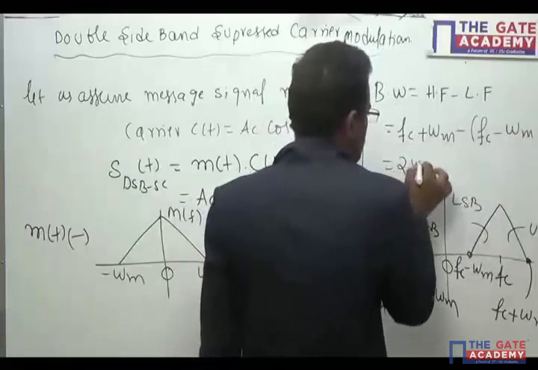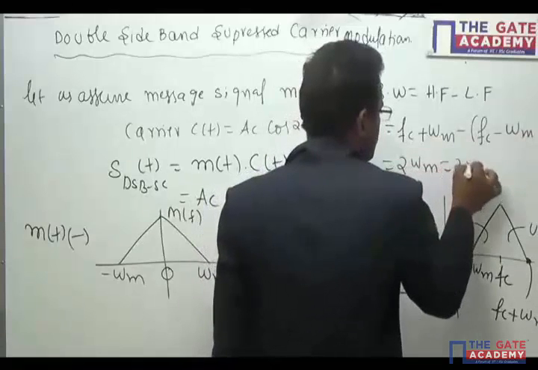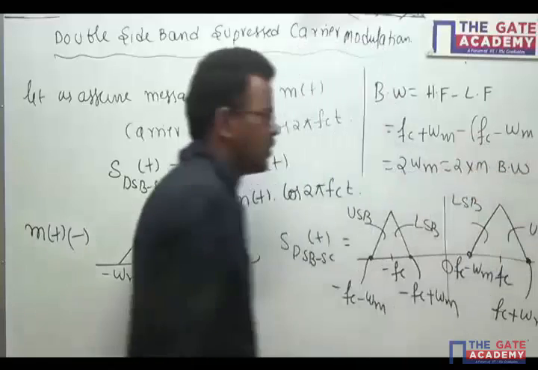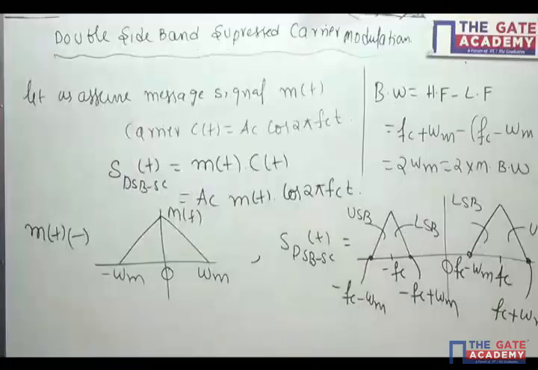So the bandwidth is 2ωm, still 2 times the message signal bandwidth. So there is no improvement in the bandwidth, but because of suppressing the carrier, we can save the transmitter power. Getting the point, Shiva? Or any doubt?